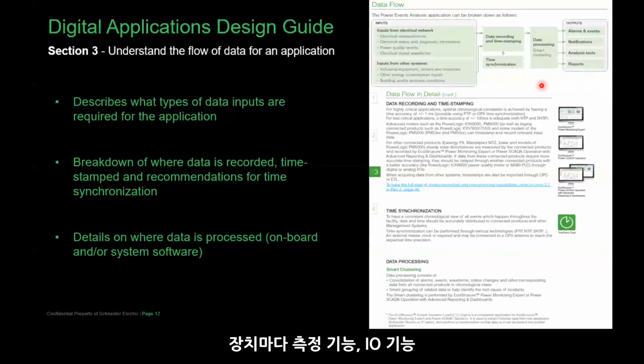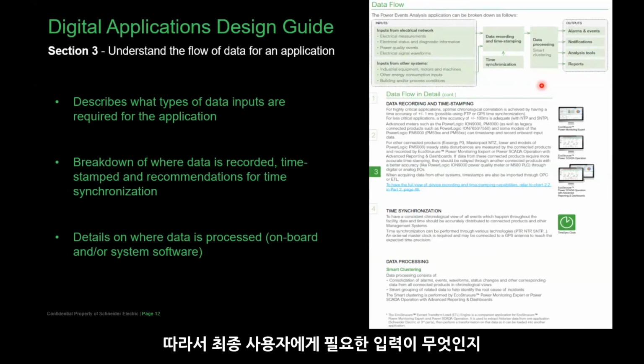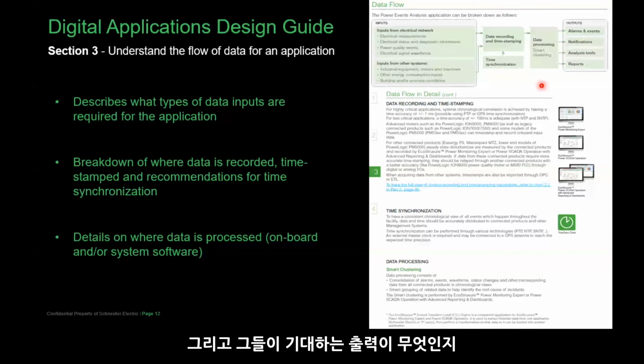Different devices definitely have different measurement capability, IO capability, power quality event capability. So it's really important to understand what inputs are required from the end user and what outputs they're expecting.